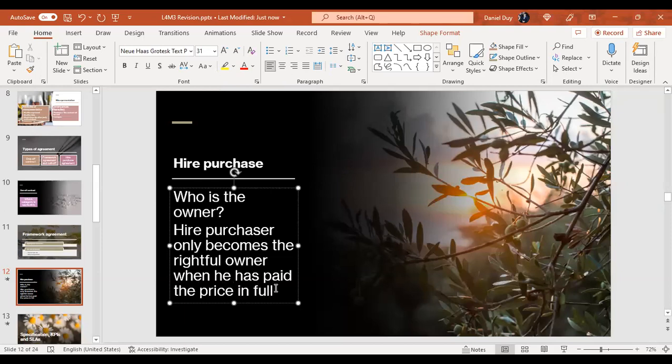So remember this point, then you can decide who would be the owner of the asset.